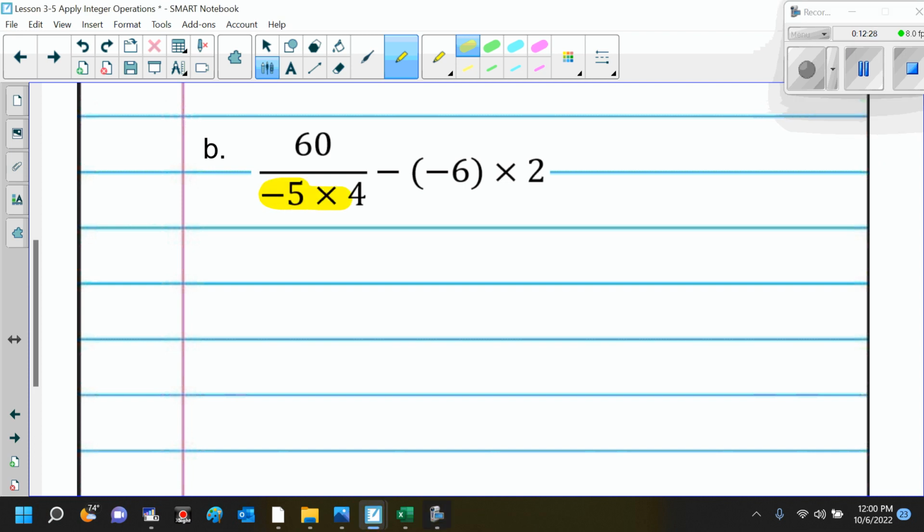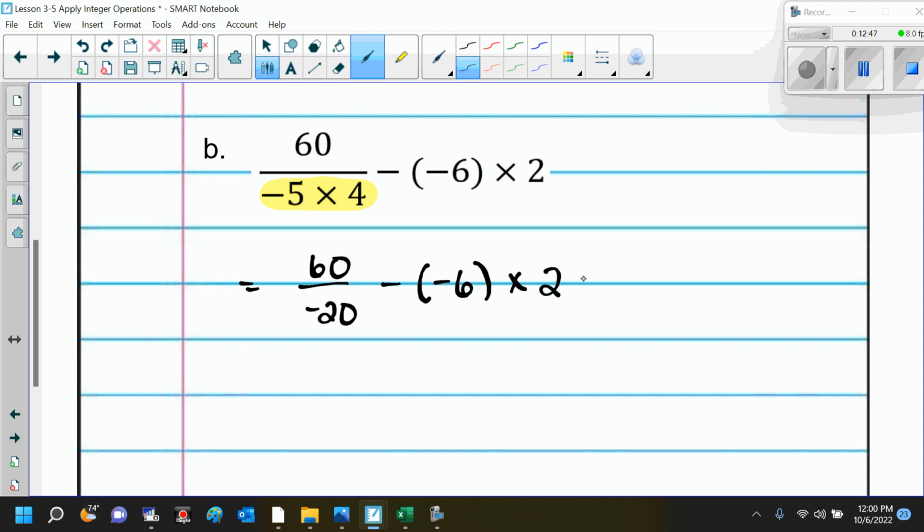So here, we're going to do the negative 5 times 4. So negative 5 times 4 is negative 20. So here, we've got 60 divided by negative 20 minus negative 6 times 2.